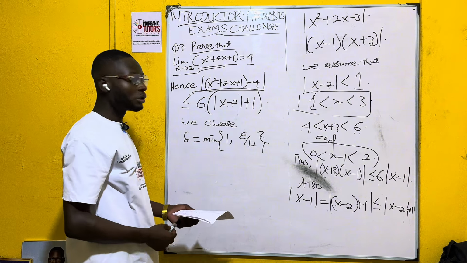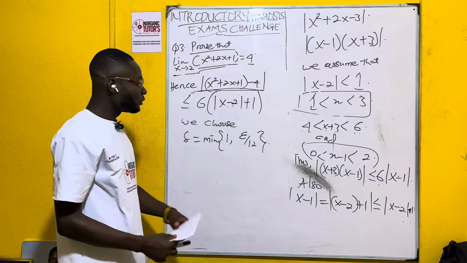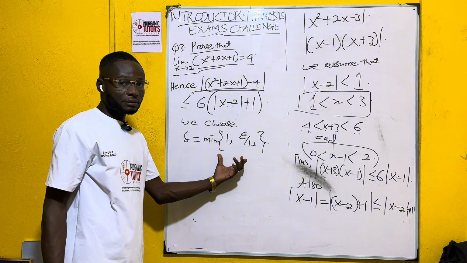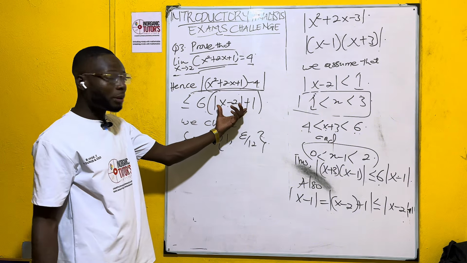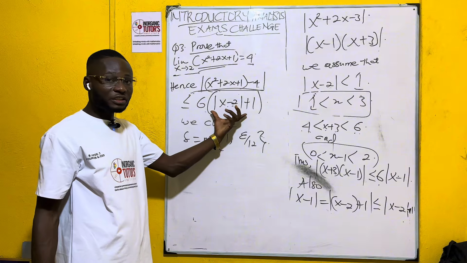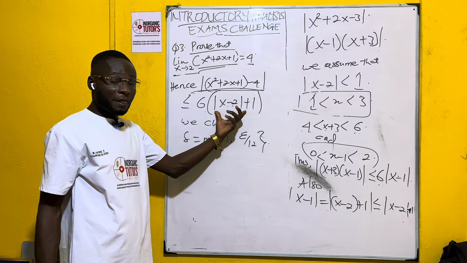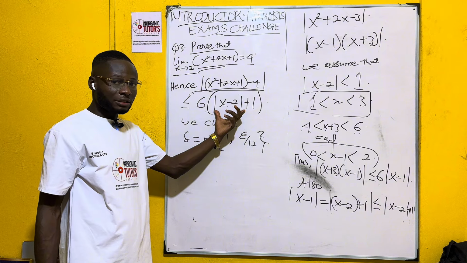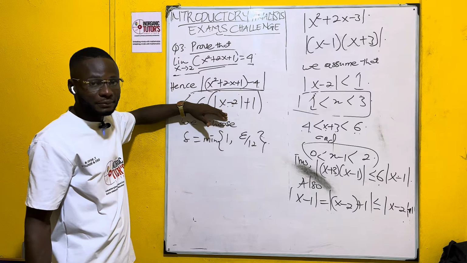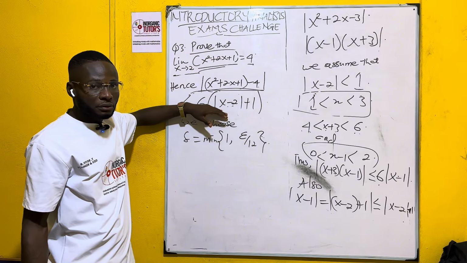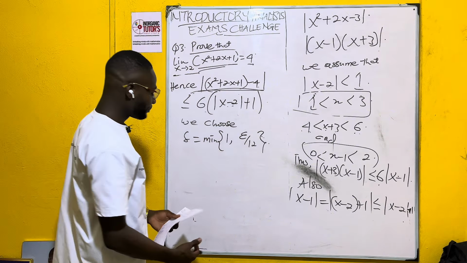So this is going to be the value for delta. To be able to bound this, we have to choose a very small value for delta so that we can bound this expression.